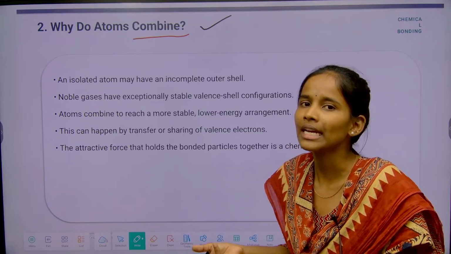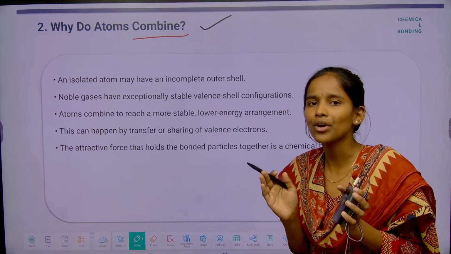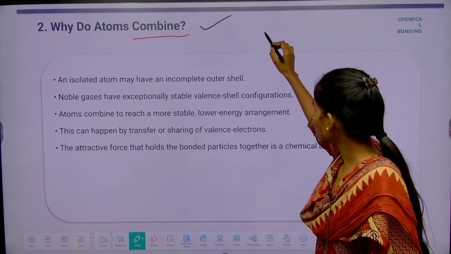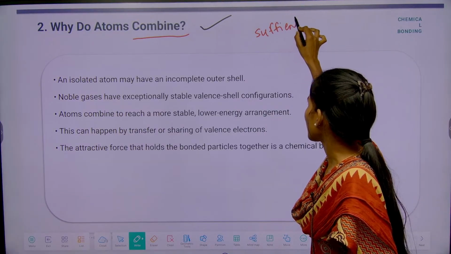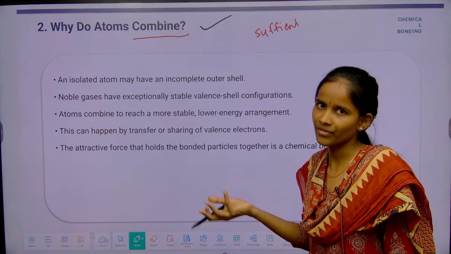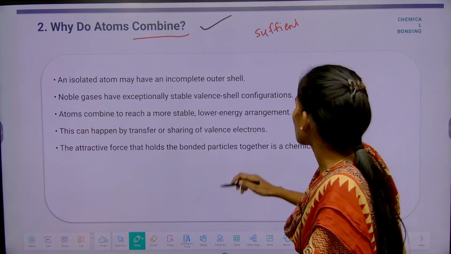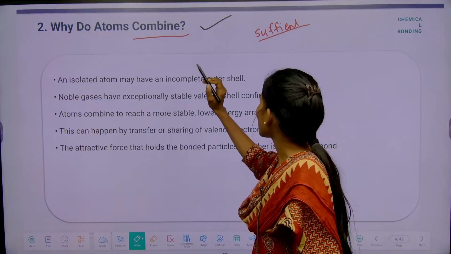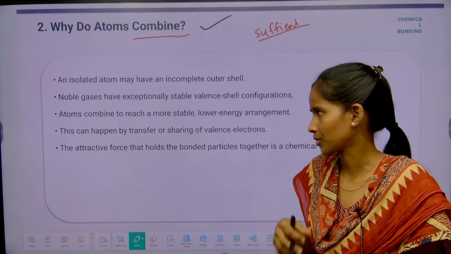Stability eppudu vastundi? If the atoms have a sufficient number of electrons. So, in order to get a sufficient number of electrons, if they have more, they will lose. If they have less, they will gain. Okay. So, which atoms in the periodic table have a sufficient number of electrons?